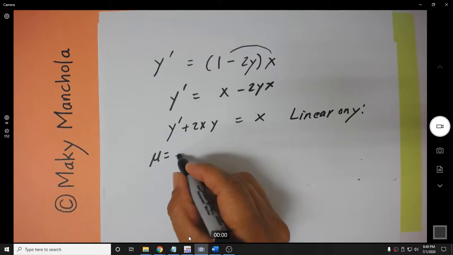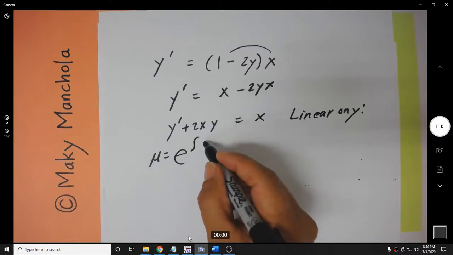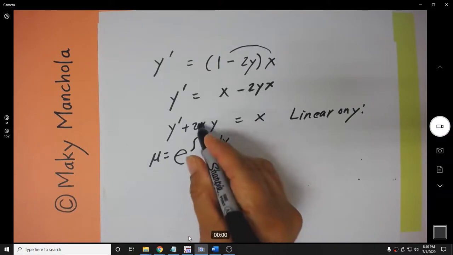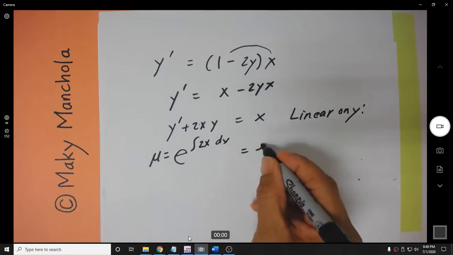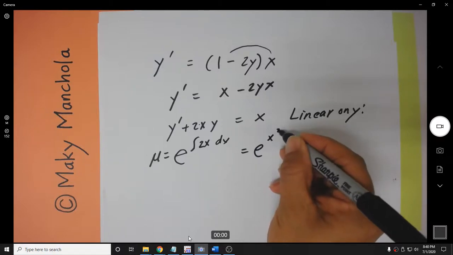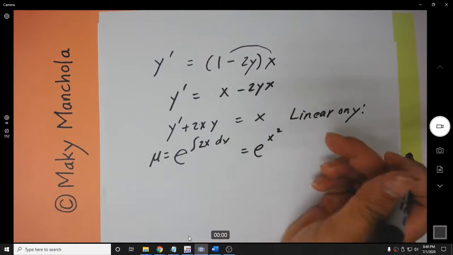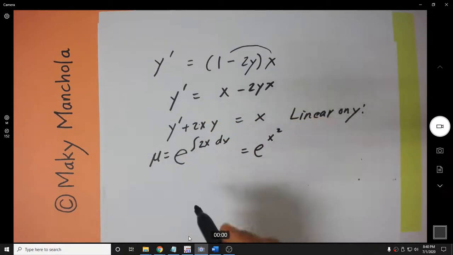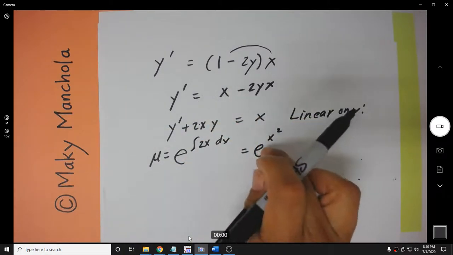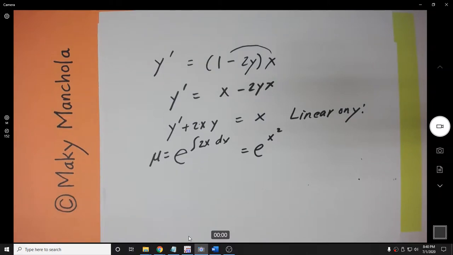Recall it is e to the integral of p of x dx. In this case, p of x is 2x. So this is e to the x squared. When you integrate 2x, you get x squared. So multiply both sides by e to the x squared.